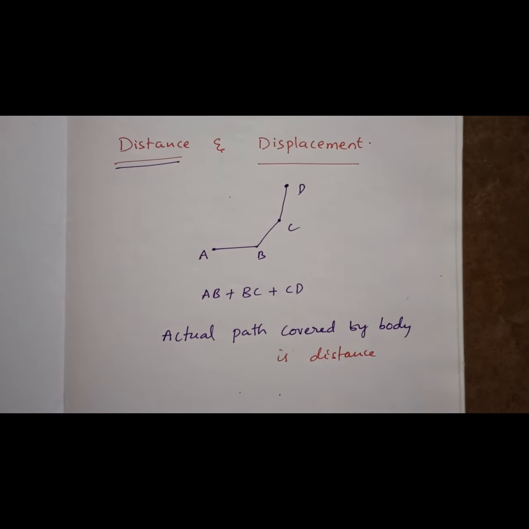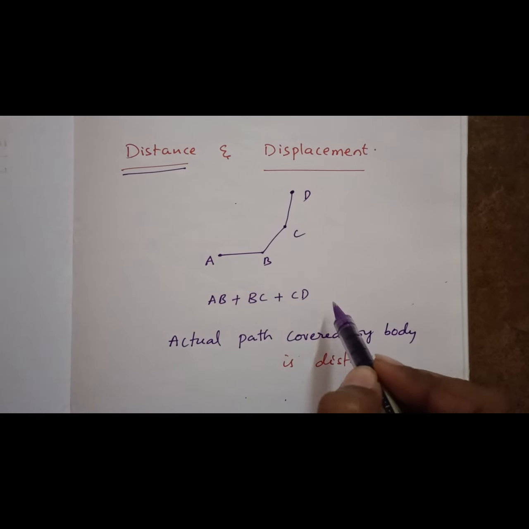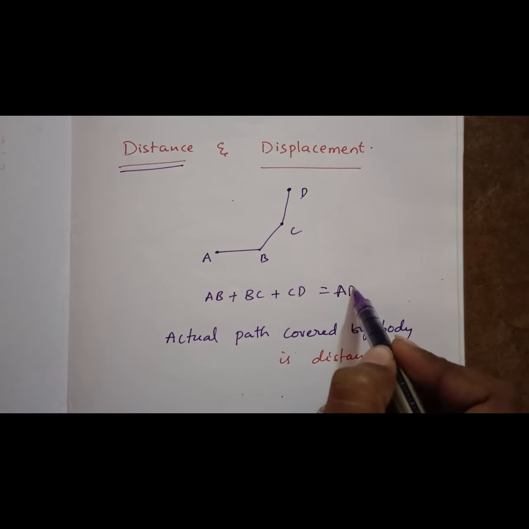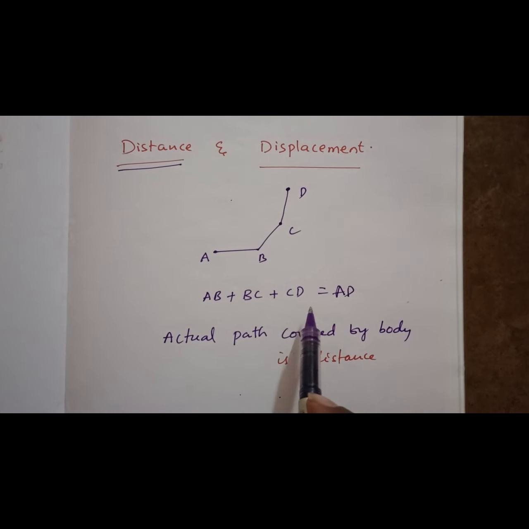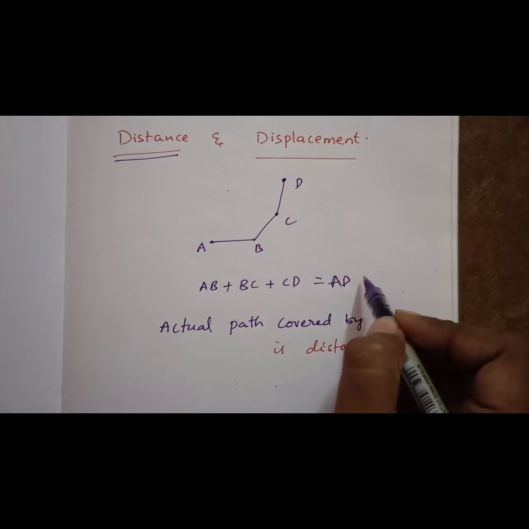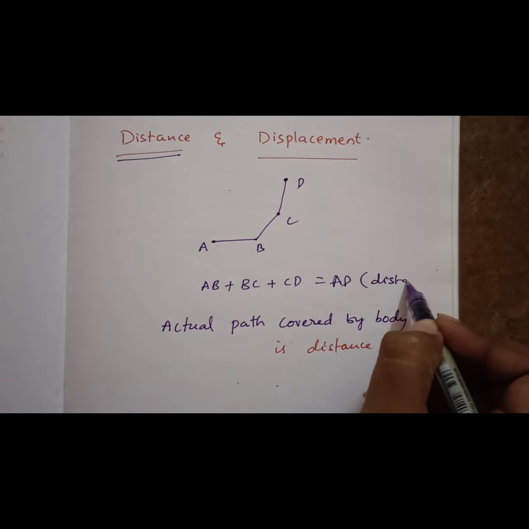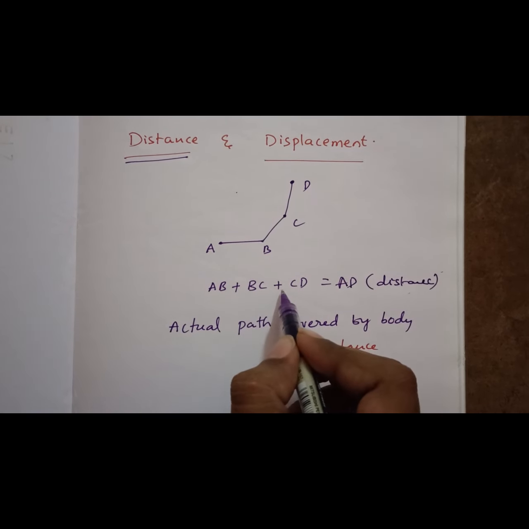Now, while he is traveling from A to B, B to C, C to D, finally he traveled from A to D. Sum of AB plus BC plus CD is the distance. AB plus BC plus CD.